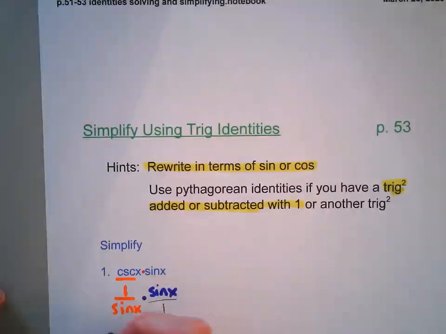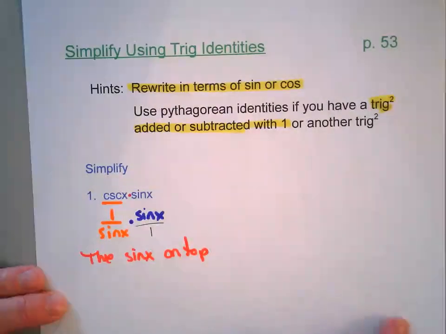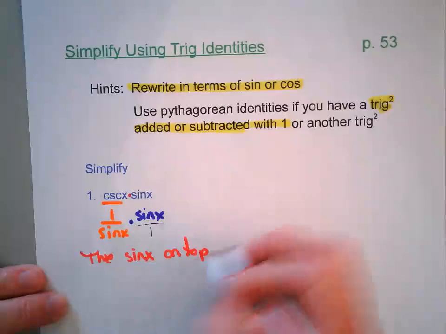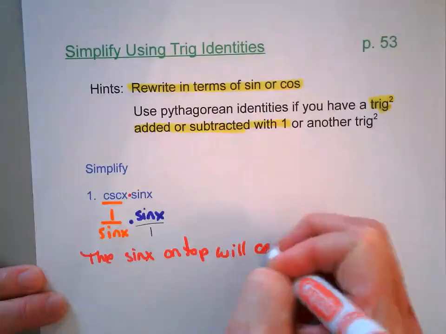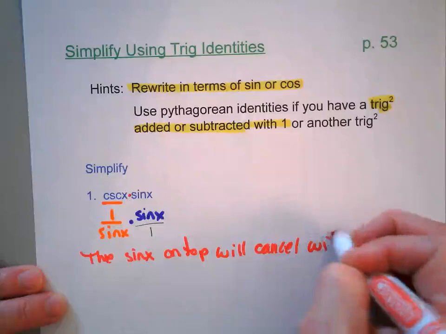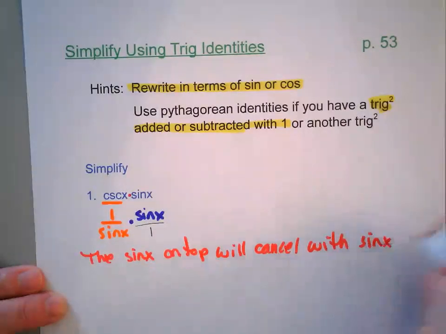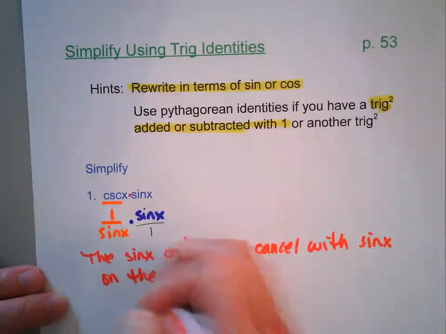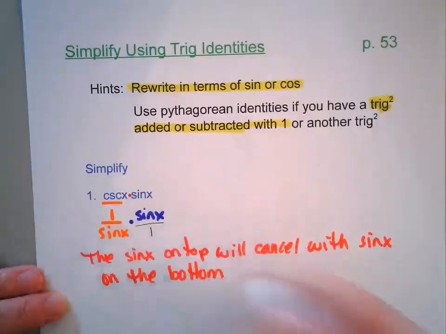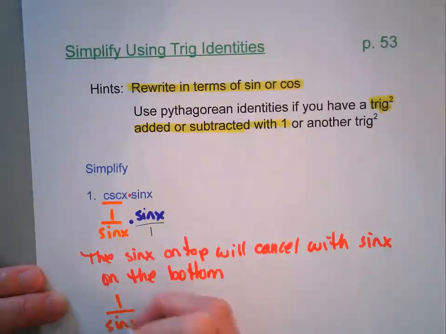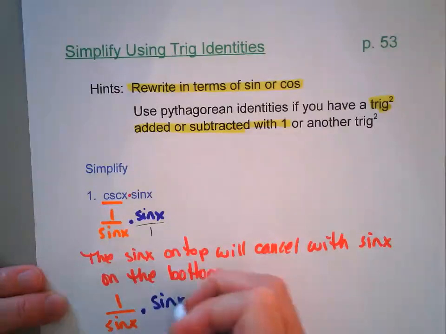So the sine x on top will cancel with the sine x that's on the bottom. I'm going to rewrite this: 1 over sine x times sine x.